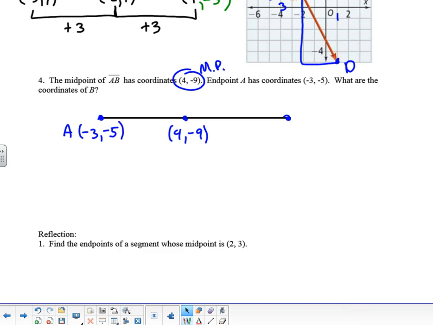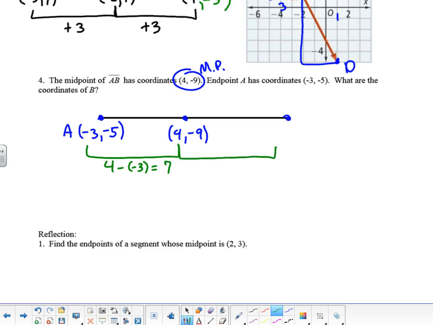Okay, let's get colorful. So I went from negative 3 up to 4. How did that change? Well, that changed by going up 7. One way you could calculate that is 4 minus negative 3 equals 7. So that means we're going to need to add another 7 over here. And so our x coordinate would be 4 plus 7, which would be 11.